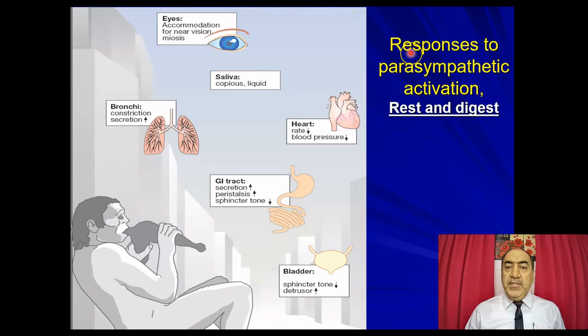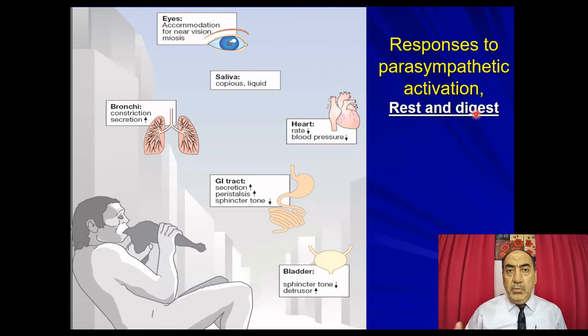The response to parasympathetic nervous system activation can be easily remembered if you remember these two words: rest and digest. Rest and digest, very important key. Whenever I am in a state of rest, or I'm eating, or I'm digesting, the parasympathetic nervous system should be the predominant system.